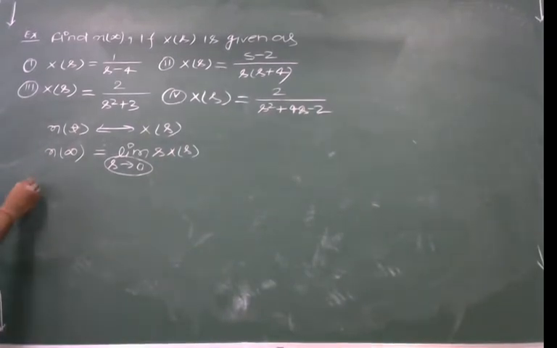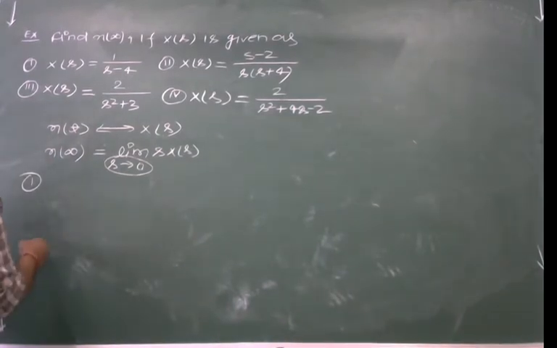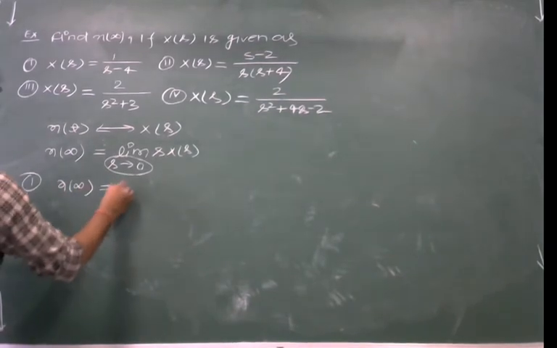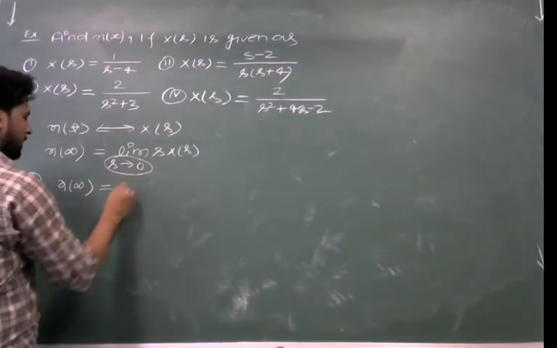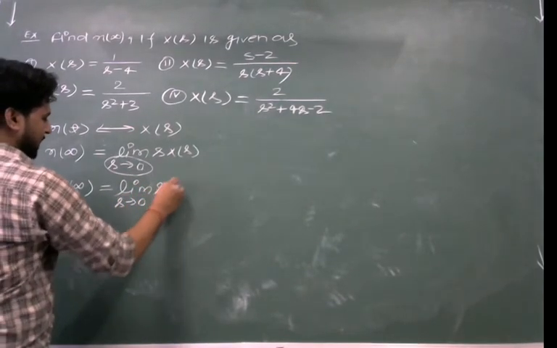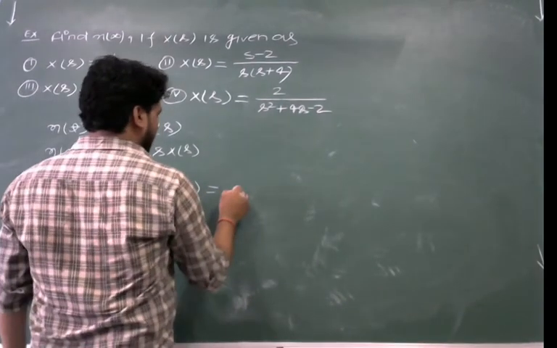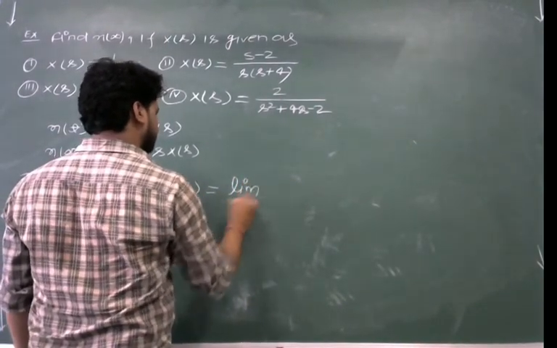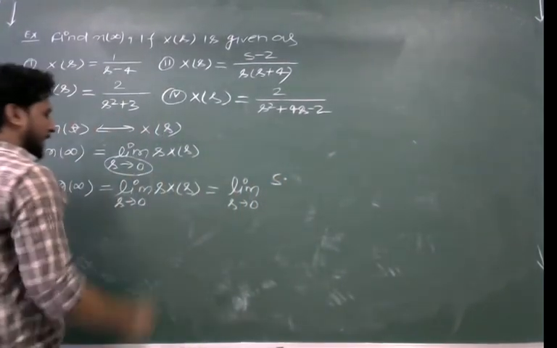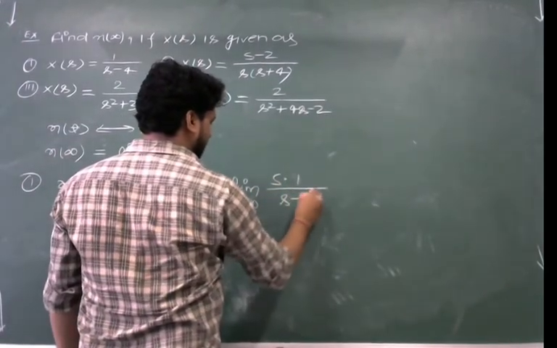The first question says that x of s is given as 1 upon s minus 4. So x of infinity will be equal to limit s tends to 0 of s times x of s, or this can also be written as limit s tends to 0 of s into 1 upon s minus 4.